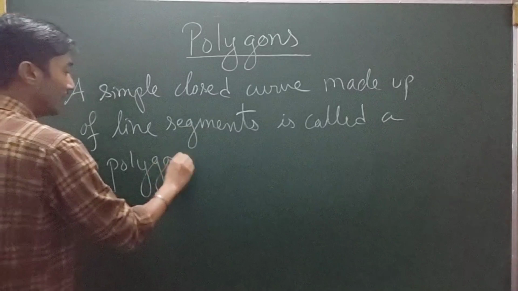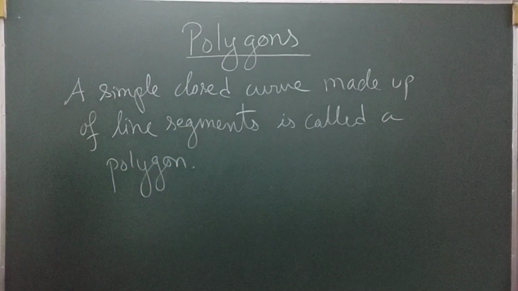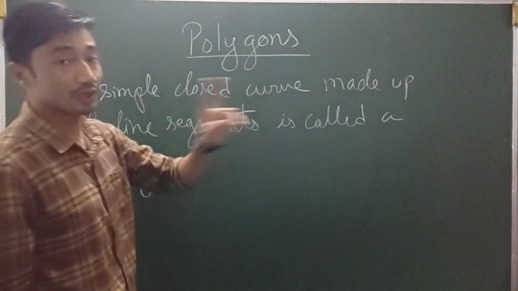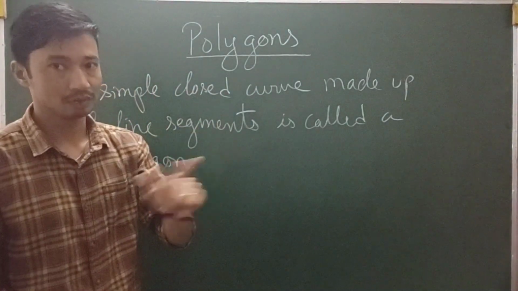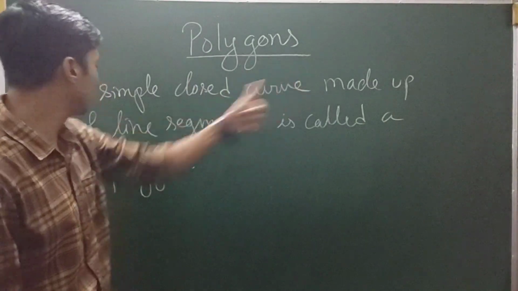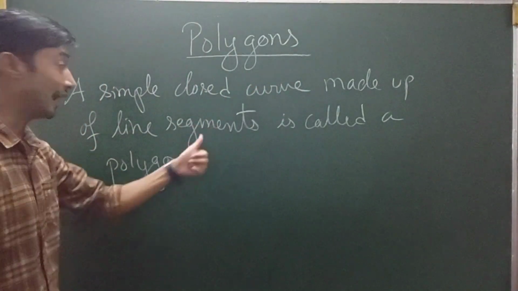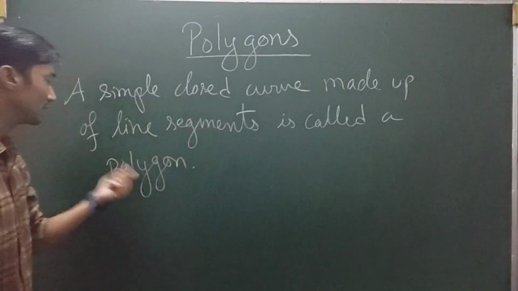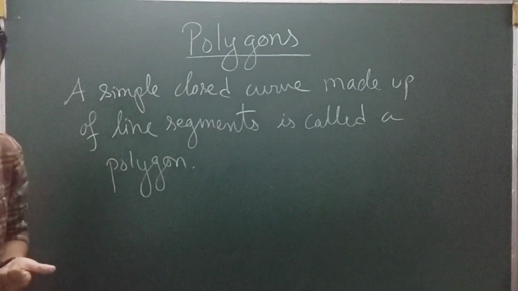Simple, closed: we have already seen what is simple and closed. A simple closed curve made up of line segments, not curves, is called a polygon.